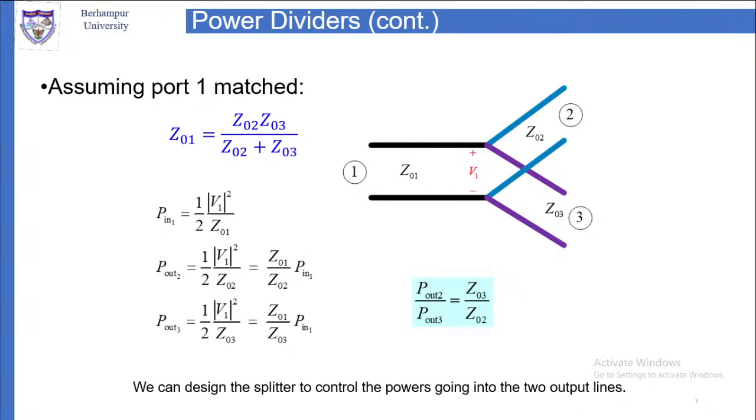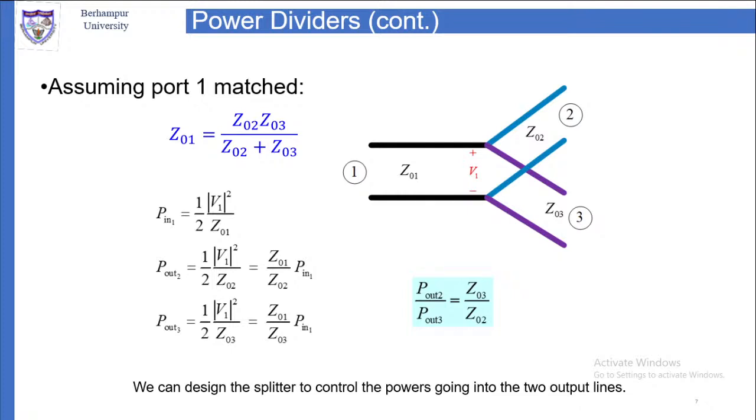So put that in the second equation. P out 2 is equal to 1 by 2 into 2 P in 1 into Z01 divided by Z02. The 2 in the numerator and denominator cancel out. That gives us Z01 by Z02 into P in 1.